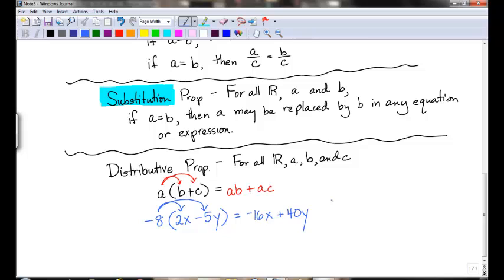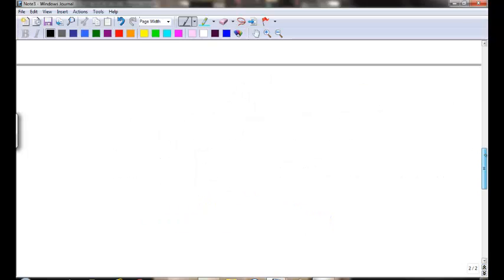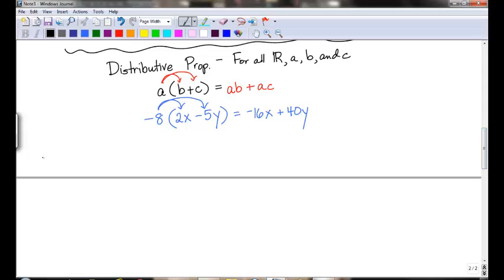Those properties, the postulates that you've used, and the theorems, we've had one theorem so far, the midpoint theorem. We're going to use those to go through two-column proofs, a formal two-column proof. I want to go through an example of that.